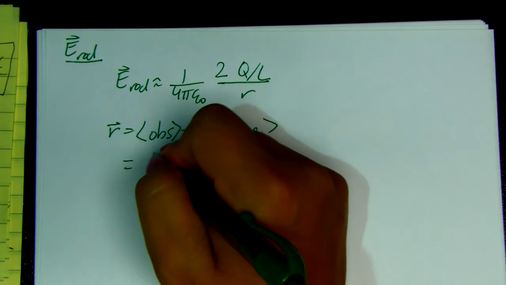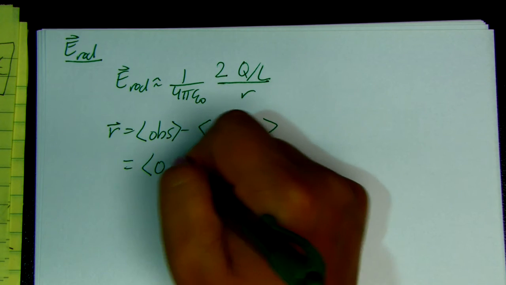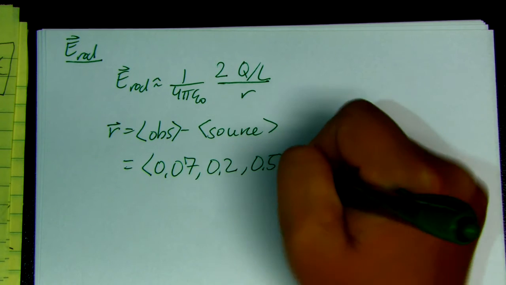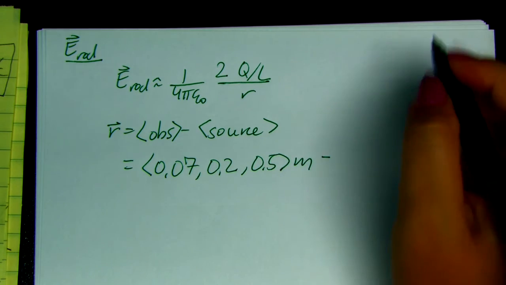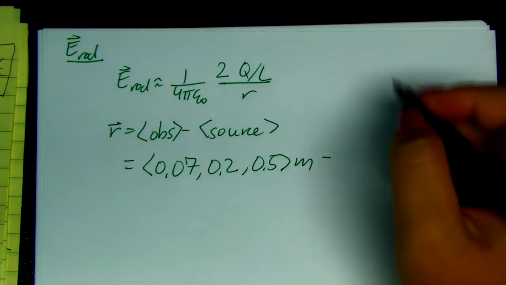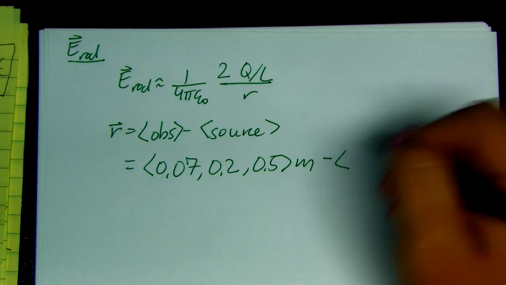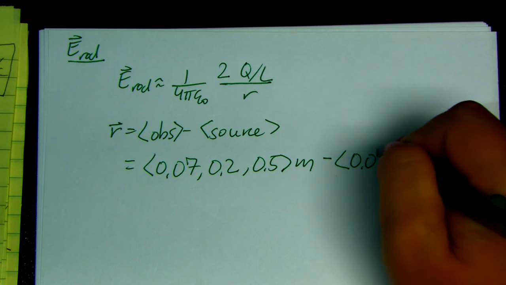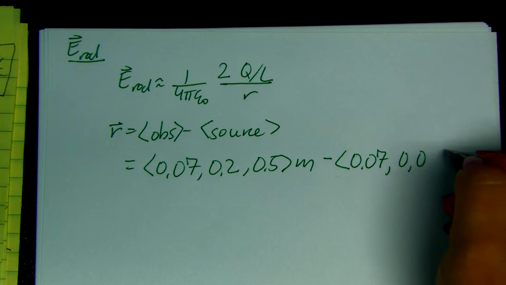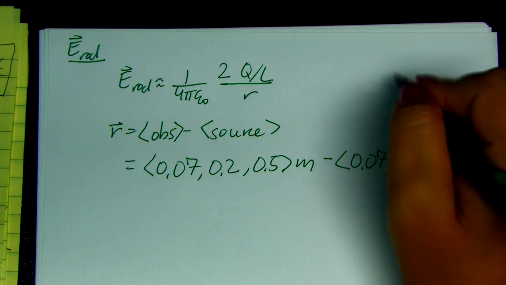This is equal to 0.07, 0.2, 0.5 meters. Now, with the rod lying in x, that means our x is going to be 0.07. For the source, 0 and 0, because you're just coming directly up from it.